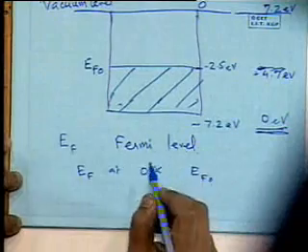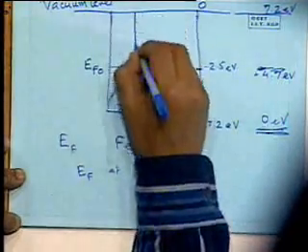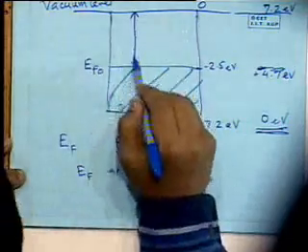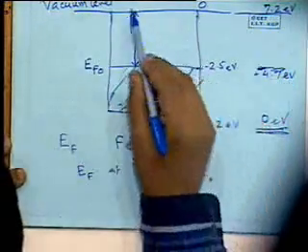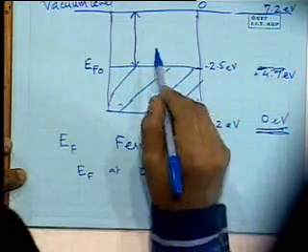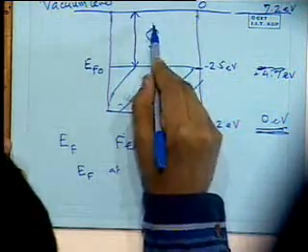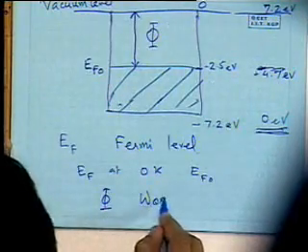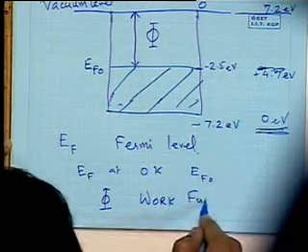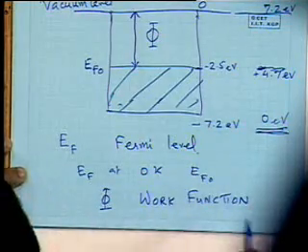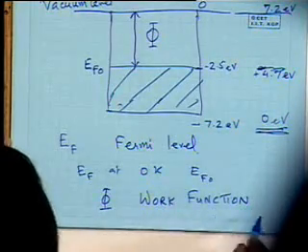Okay, there's one other term, an important one in the case of metals. What is this energy between the Fermi level and the vacuum level? It has a specific name. We use the symbol phi, and phi is called the work function of the metal. Phi finds a lot of use in a number of different cases, including in semiconductor metal junctions and so on.